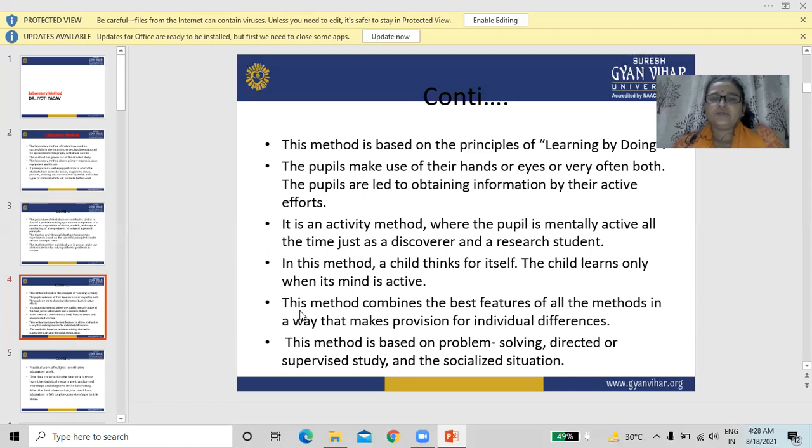In this method, a child thinks for itself. The child learns only when its mind is active.